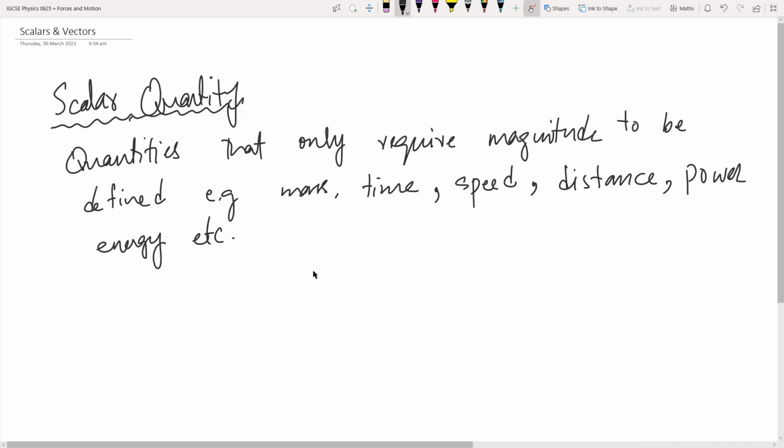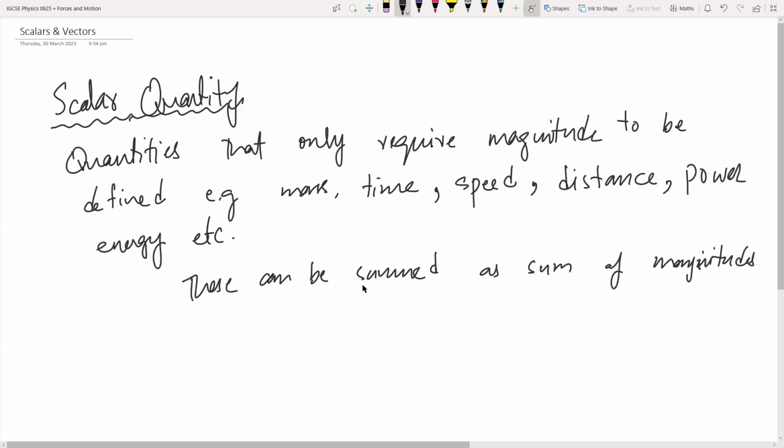They only require magnitude. These can be summed as a sum of magnitudes, right? As long as you take the sum of these magnitudes, we can calculate the sum of these values. Let's just say time. Let's say an object moved from A to B to C and then to D, right? It took some time while moving there.